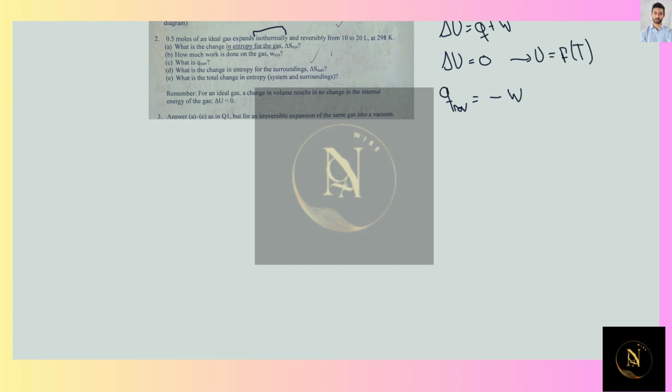For us, the value for W is equal to minus the integration of PdV, which for an ideal gas would be equal to minus the integration from the initial volume to the final volume of nRT divided by V, differential volume, which yields minus nRT logarithm of V2 over V1.